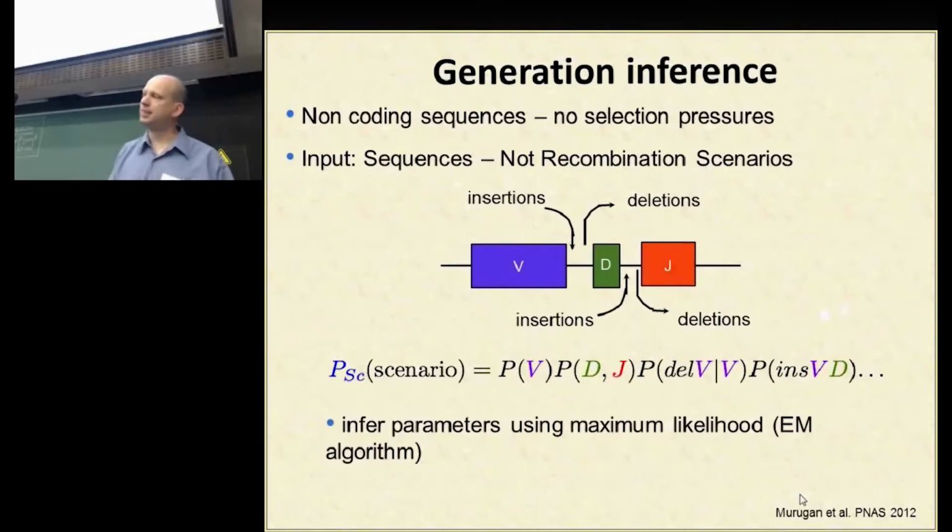And it's slightly more complicated than just maximum likelihood because, as I said, we don't know the recombination scenario. So we have a lot of hidden variables in this kind of model. The entire scenario is a hidden variable, and we have to use the EM algorithm, which I'm not going to get into in such a short talk, but basically it's a mathematical way of going through all the possible scenarios and learning those probabilities.